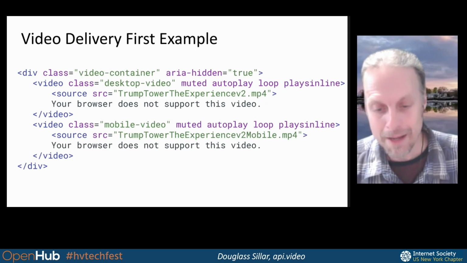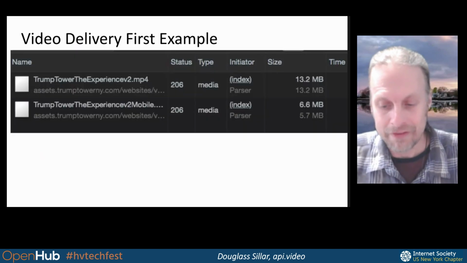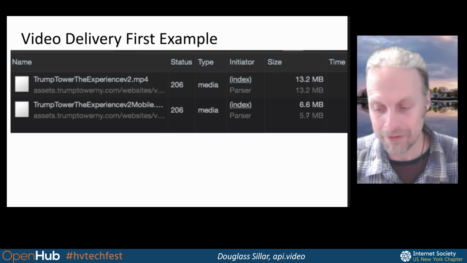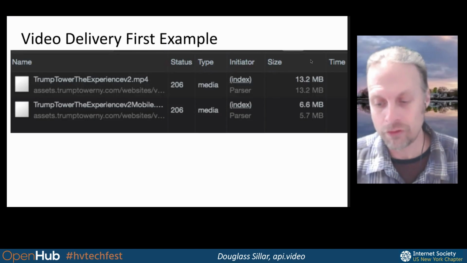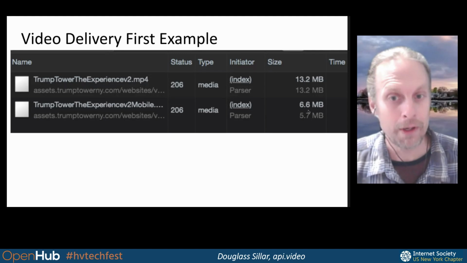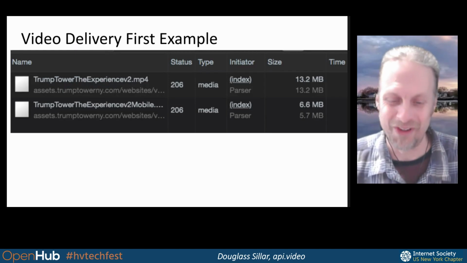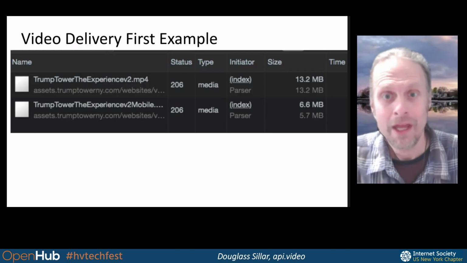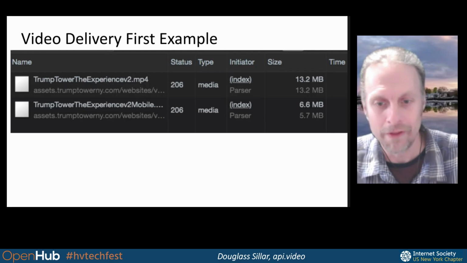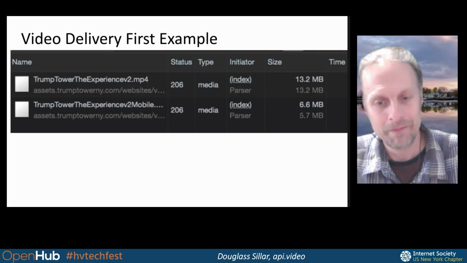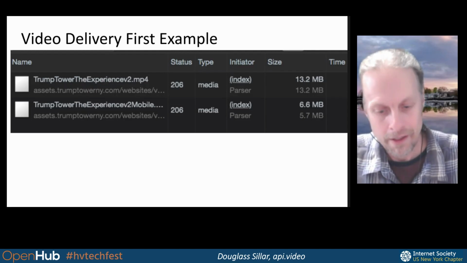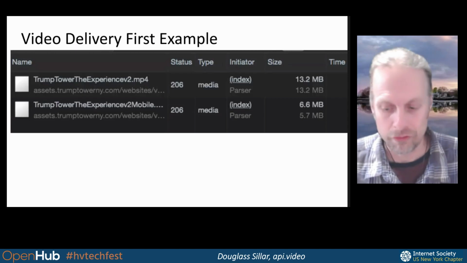But what ends up happening is instead of the mobile experience just being a 6 megabyte download, it's a 20 megabyte download where they only experience 6.5 megabytes of the video. So this is the wrong way to do it. Don't do this. If you're going to have two videos, use some JavaScript to insert the one that you want to have downloaded. Downloading two videos for everybody, it's just stupid.